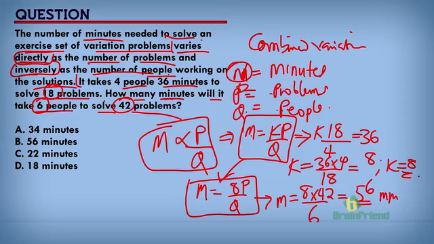So we have 56 minutes for 6 people to solve 42 problems. Let's see which of our options here carries the correct answer. Is it A, B, C, or D? The correct answer is option B, 56 minutes.